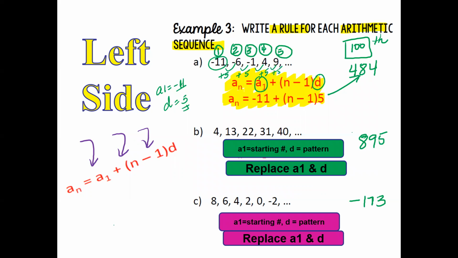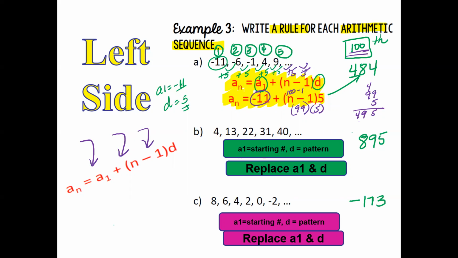And if you ever want to know what happens if you were to continue this pattern like 100 times, which, you're not going to add 5 100 times. I mean, that takes forever. If you want to see what the 100th term is, you put that 100 number right here for n. So, n minus 1, 100 minus 1 is going to give me a 99. 99 times 5 is 495.